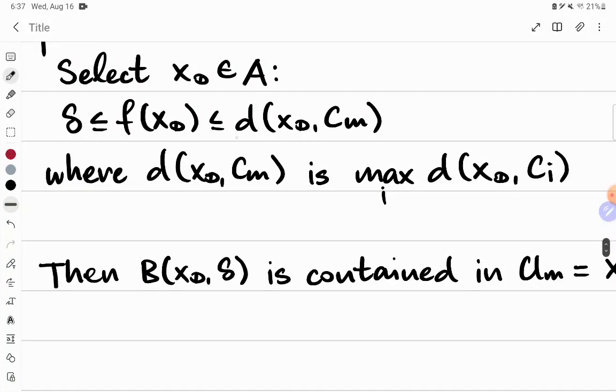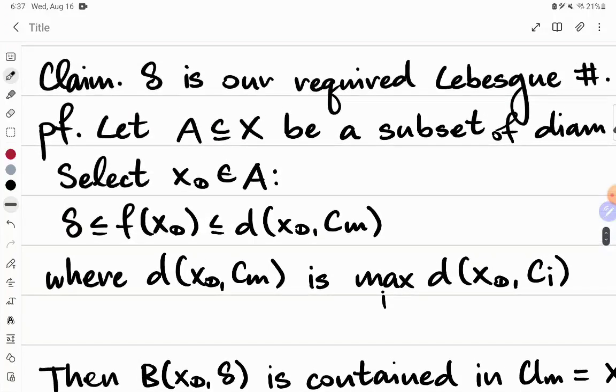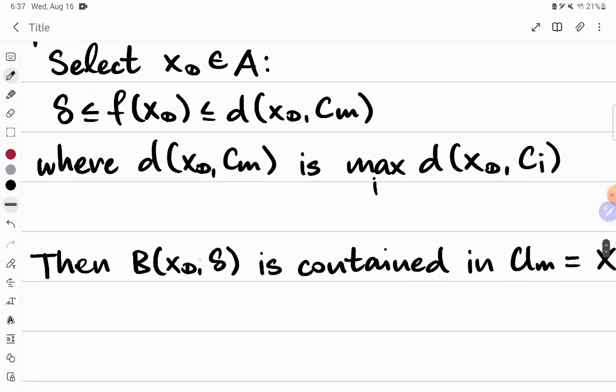And this is because delta is going to be less than or equal to this largest element over here. And so because this delta ball about x naught is contained in that set, sorry, it's going to be contained in the complement.